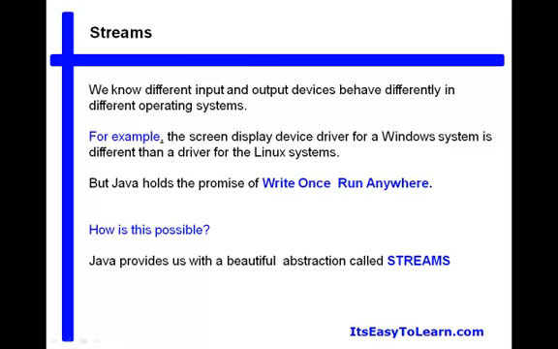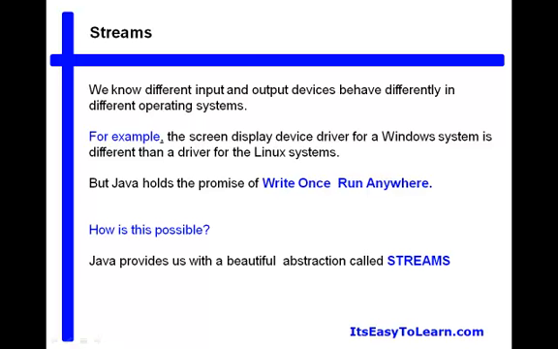The device driver is that system software that translates the display so that you can see in your visual display. For example, the screen display device driver for a Windows system is different than the driver for the Linux systems.